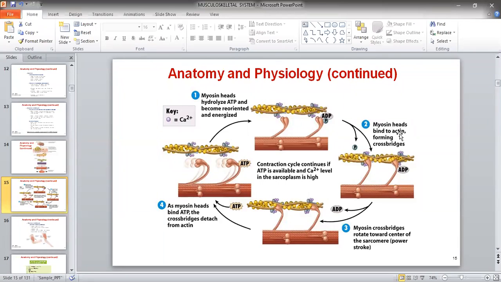bind to actin. So actin and myosin is a muscle fiber. They can help to the movement of muscle because of their mechanism of action. So myosin and actin play a major role in the contraction and relaxation of the muscle. So in this flow chart, you can get how myosin and actin work.